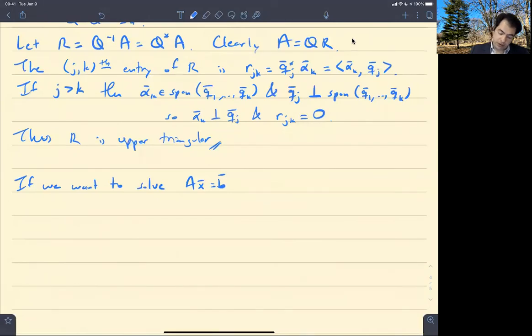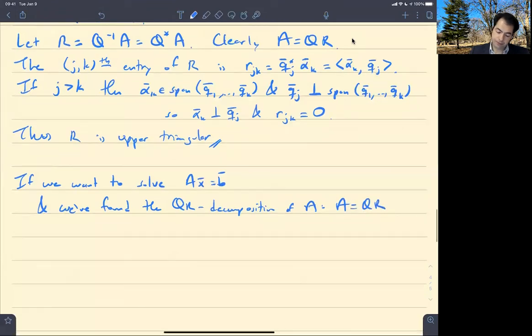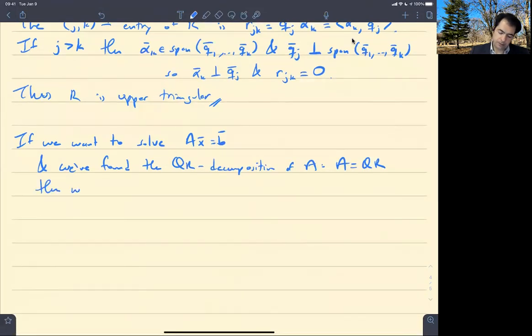So let's say we want to solve this, and we've found the QR decomposition of A is equal to Q times R. Then we solve Ax equal to b, which is equivalent to QRx equal to b, which is equivalent to R times x equal to Q star b.